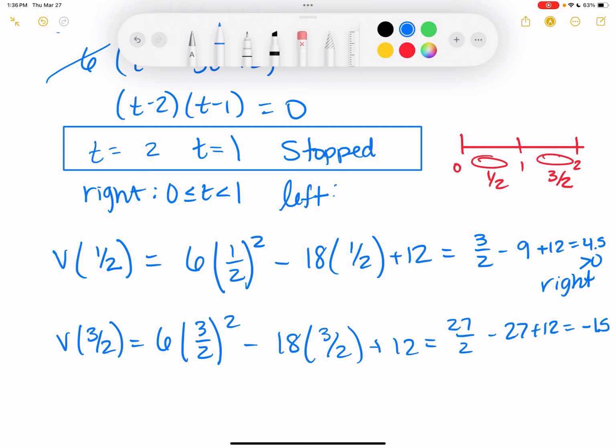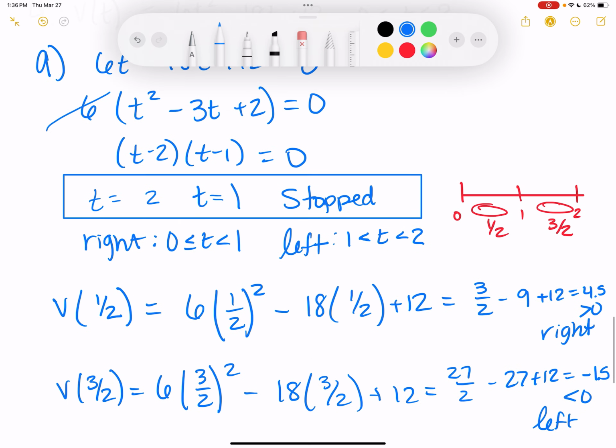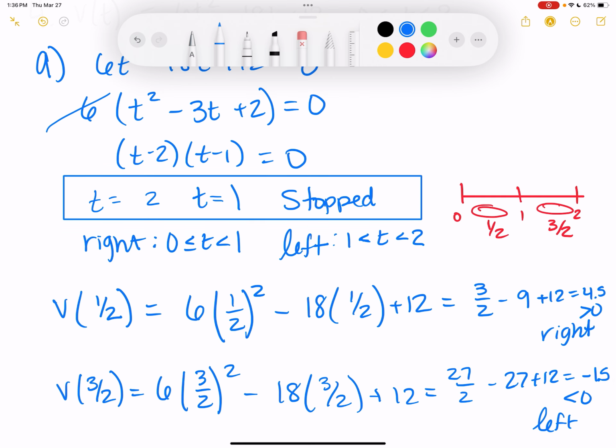Which is less than 0, so that means it's going to the left. So then from 1 less than t less than 2. So we're going all the way out to 2, but it stopped at 2, so I can't include 2 this time. Makes sense to me.